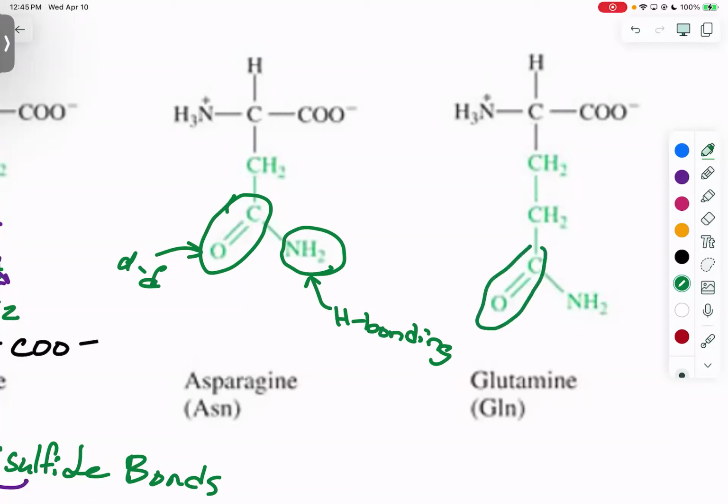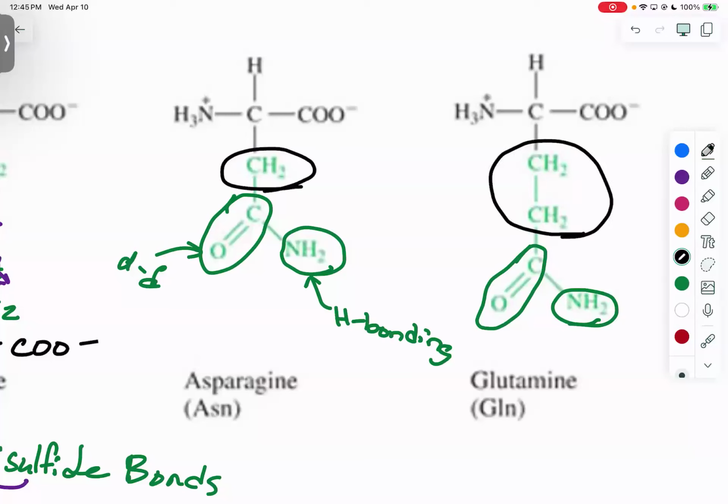So what's the difference between asparagine and glutamine? I have the same carbonyl, I have the same amino group. The only thing that's different is here I have one carbon, here I have two. So the length of the chain is a little bit longer in glutamine, but very similar in asparagine. So why do I end it in INE?